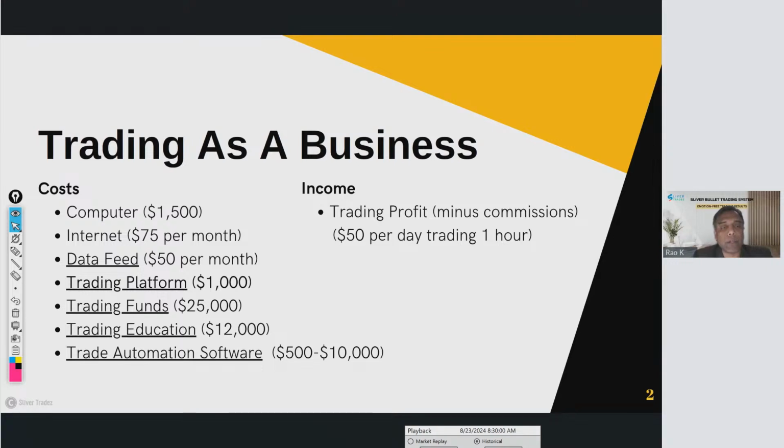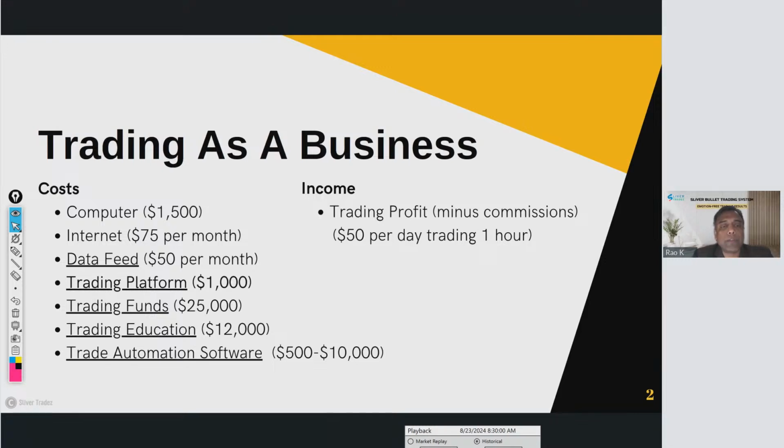Now, trading education. If you're new to it, even if you are experienced, you need proper trading education. People learn by trial and error, or they just treat trading as gambling, and it doesn't take them anywhere. Formal trading education costs anywhere from $12,000 to $50,000. This trading education is not provided in schools or in any college.